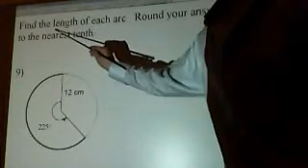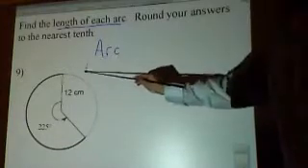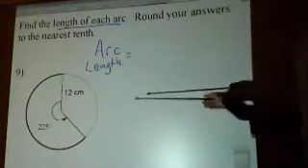So we're going to study arc length right now, okay? And I'm going to give you the arc length formula first thing, because I know you guys are pressed for time. So here we go.